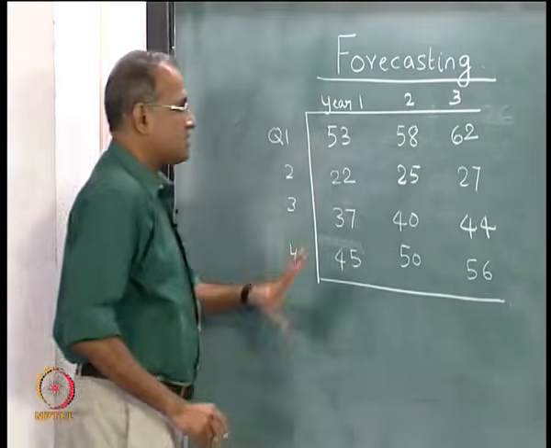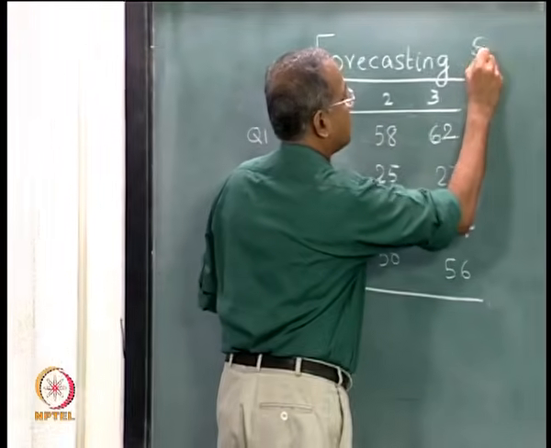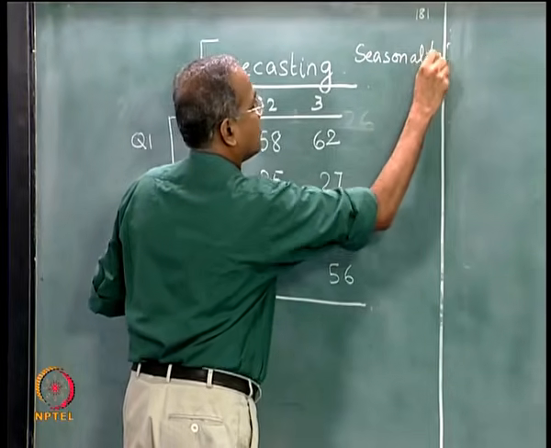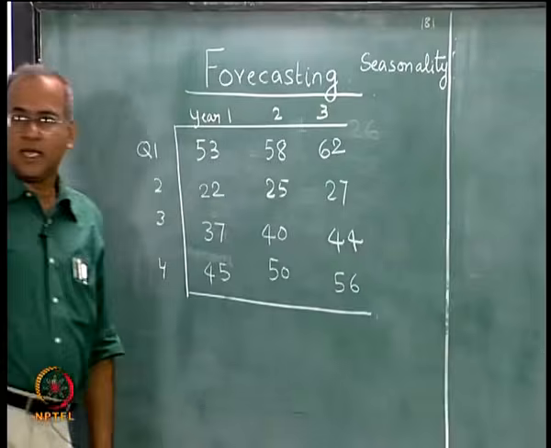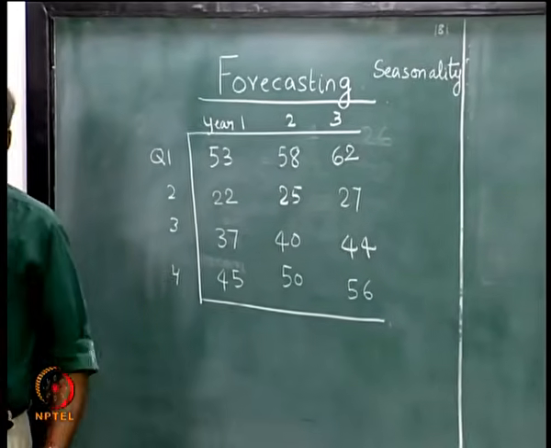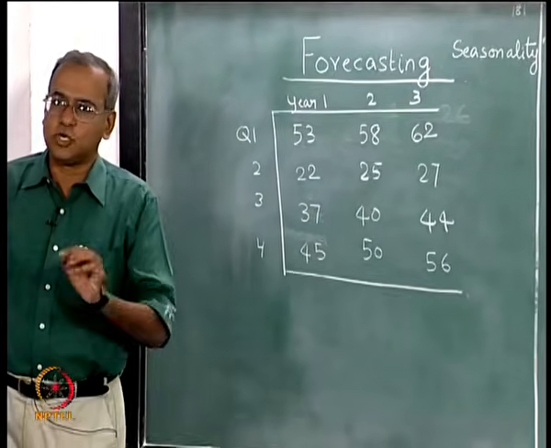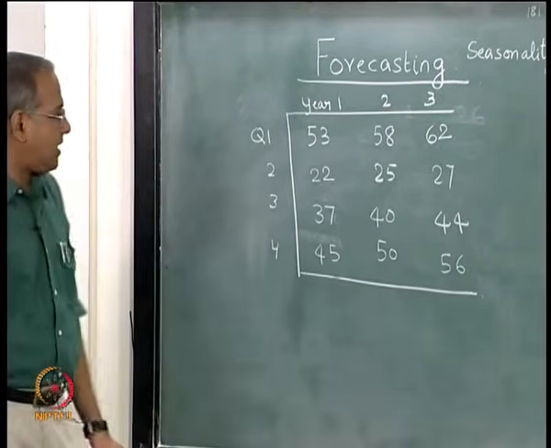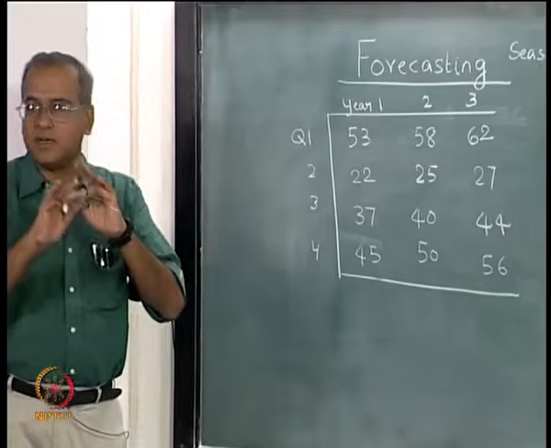Now, this thing is called seasonality. Each quarter represents a season and the data is showing a certain seasonality in this case. So, we need forecasting models that capture seasonality.